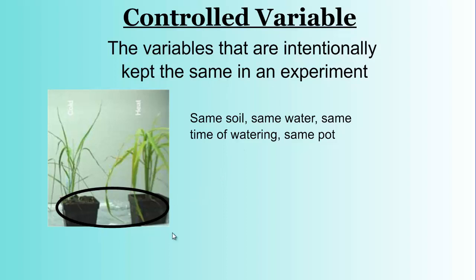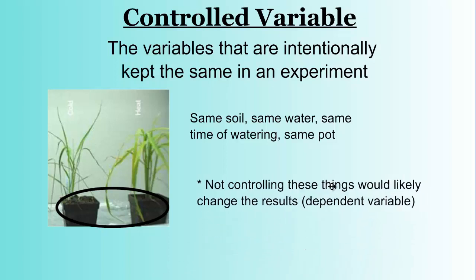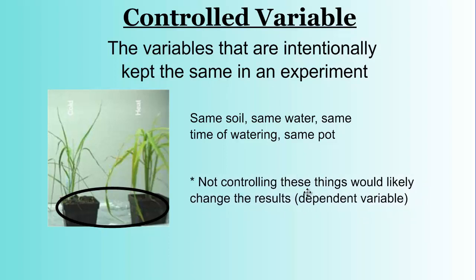We needed to use the same soil, the same amount of water, the same type of water, the same time of watering. We used the same types of pots, the same ventilation, kept in the same location. If we didn't control these variables, they would likely change the results, which was our dependent variable.